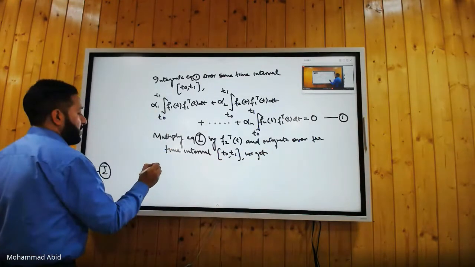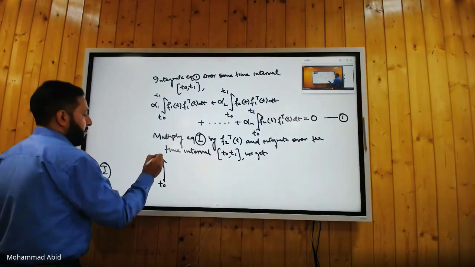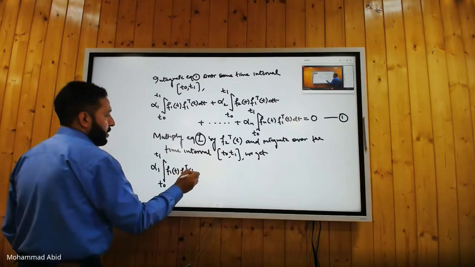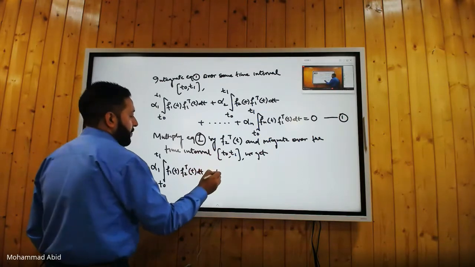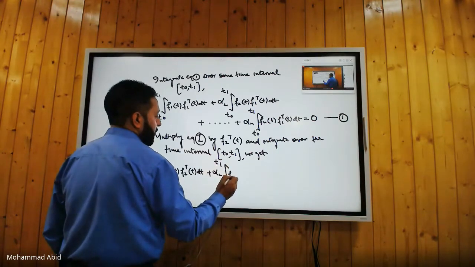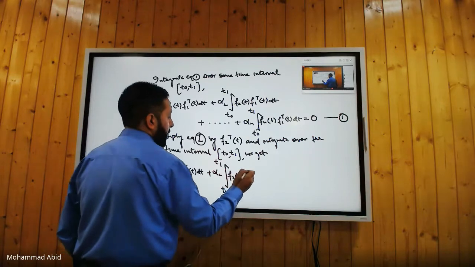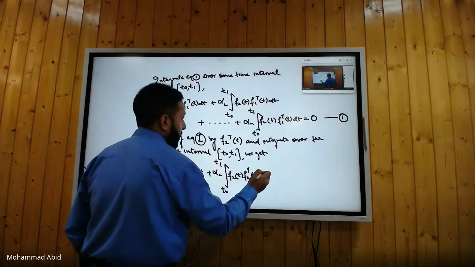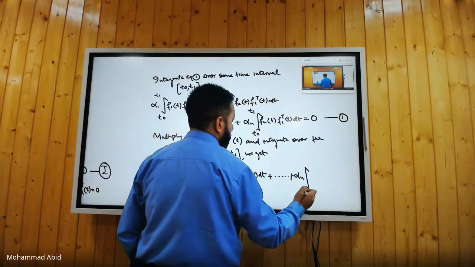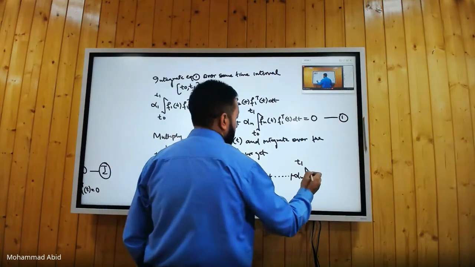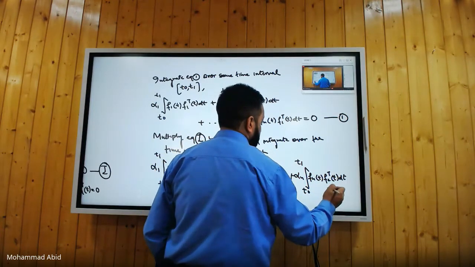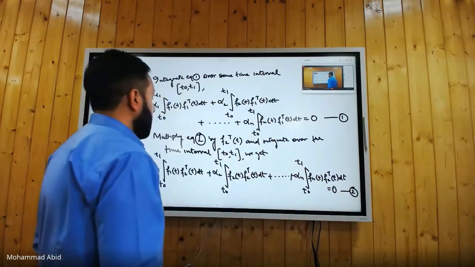I get alpha 1 integral of t0 to t1 F1(t) F2 transpose(t) dt, plus alpha 2 integral of t0 to t1 F2(t) F2 transpose(t) dt, plus so on, alpha n integral of t0 to t1 Fn(t) F2 transpose(t) dt equal to 0. This I call equation number 2. Are you following me?